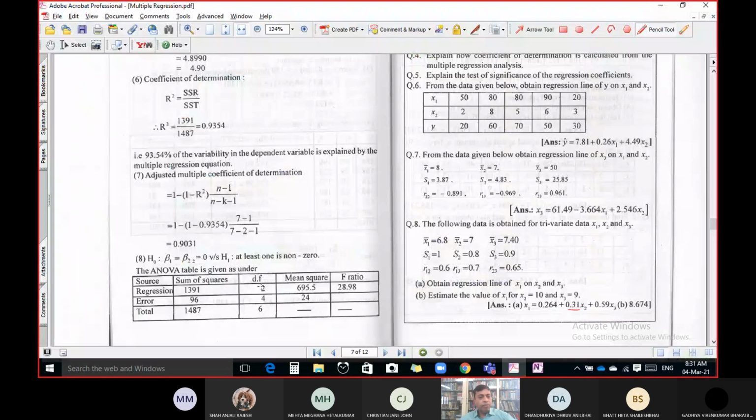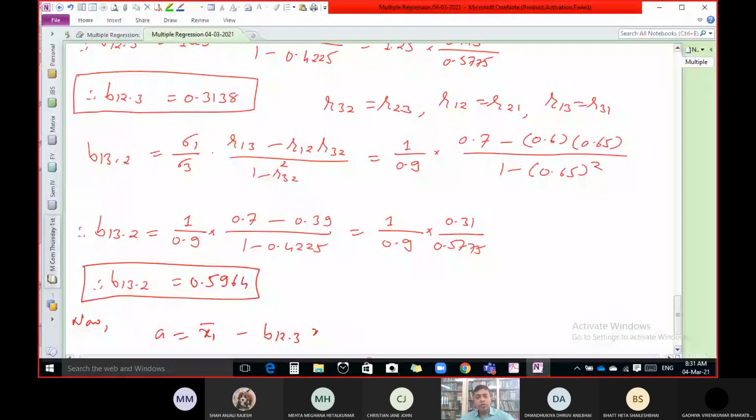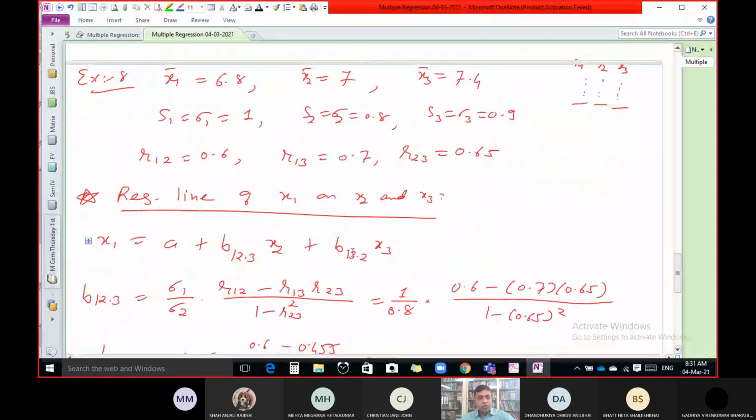So this is the value of b13.2, and now we require to calculate a. Now a equal to, the formula is x1 bar minus b12.3 x2 bar minus b13.2 x3 bar. Simply you have to take these two values to the left side, and instead of x1 x2 x3 you have to write x1 bar, x2 bar and x3 bar.